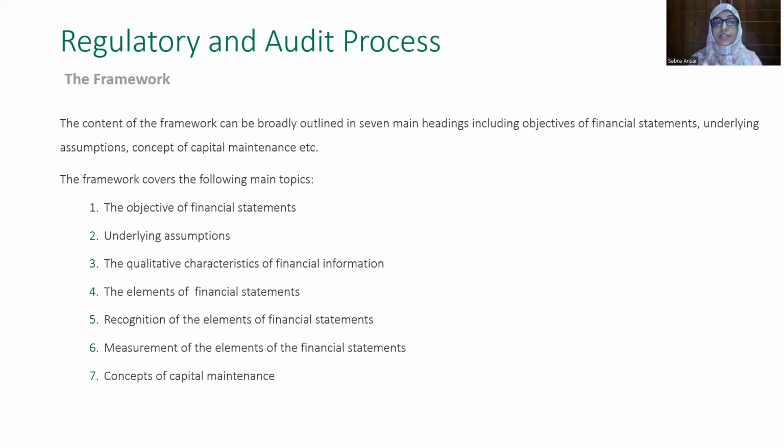So basically what happens is the framework will cover the objectives of the financial statement, the assumptions that are used when the financial statement related IASs are prepared, the qualitative characteristics of the financial information, the elements of financial statements, the recognition of the elements of the financial statement, and also things like measurement of these elements and the concept of capital maintenance. All these will be included in the regulatory framework.